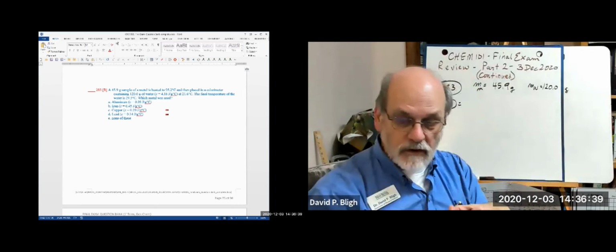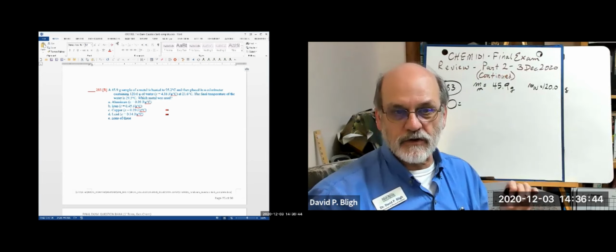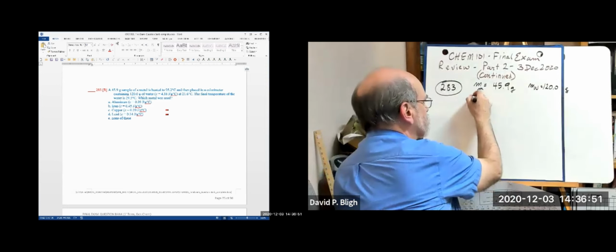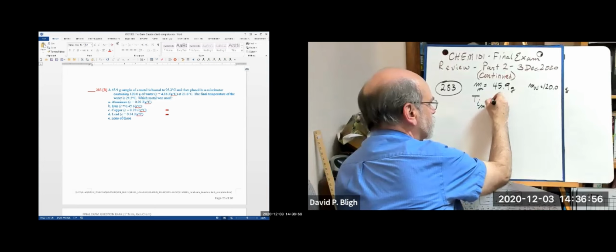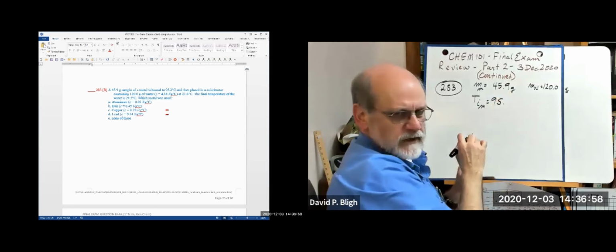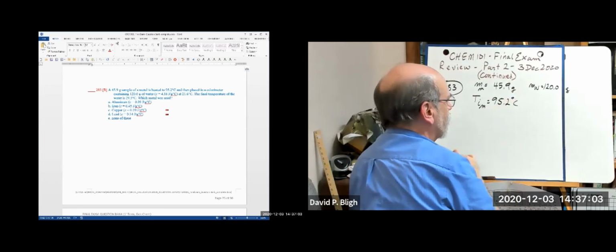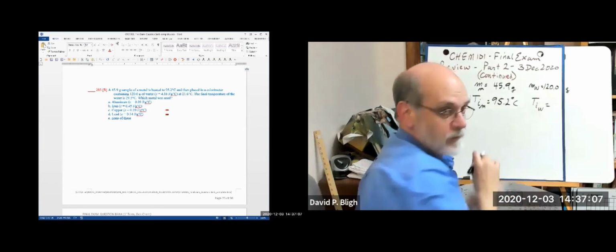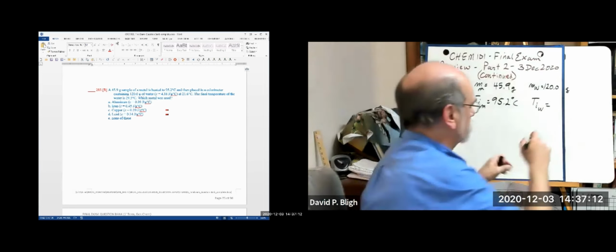Those two go together in the calorimeter. But the initial temperature of the metal is 95.2 degrees. So the temperature initial of the metal is 95.2 degrees C. What's the initial temperature of the water? The initial temperature of the water is 21.6 degrees centigrade.